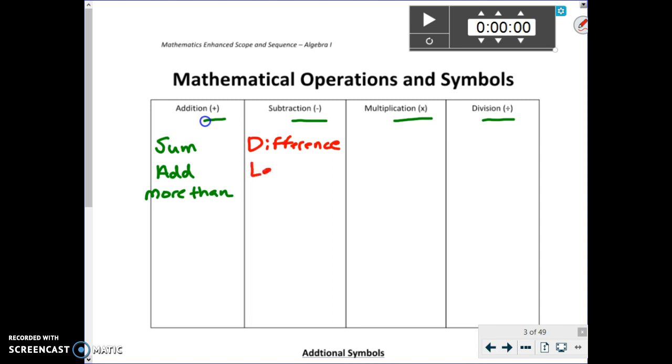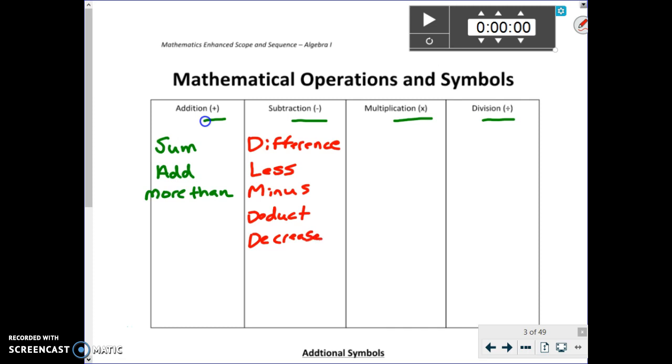We have the word less, which simply means to subtract. We have minus, which is often what we call the symbol for subtraction. We have deduct. Make sure I spell that right. We have decrease, or decreased by.